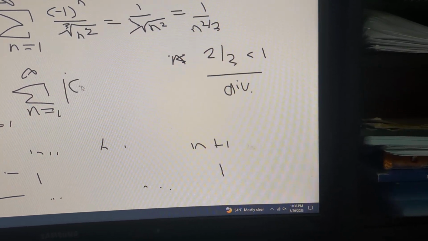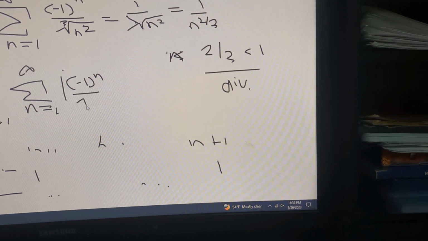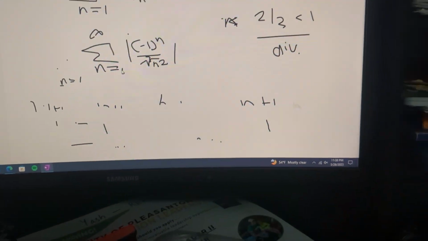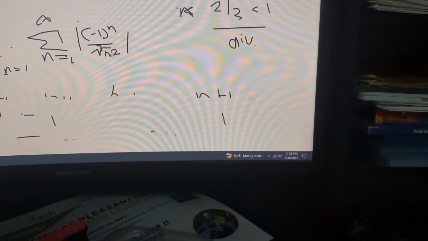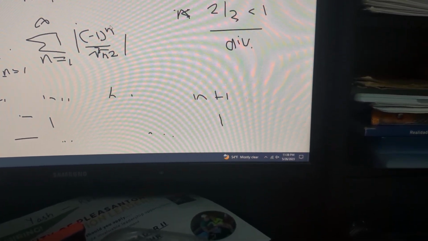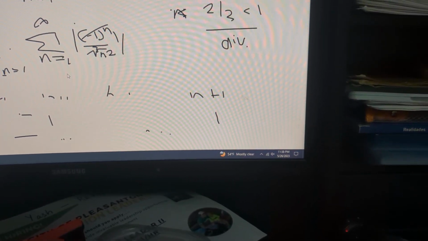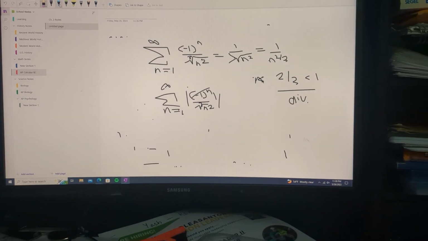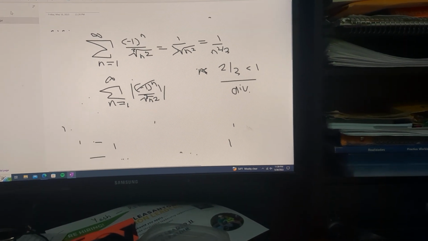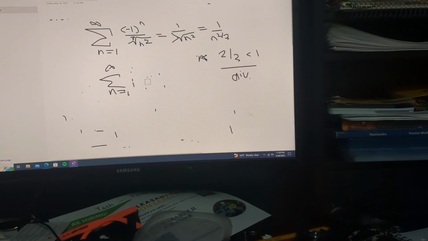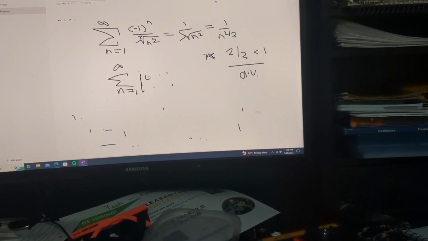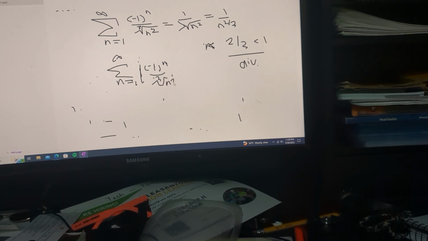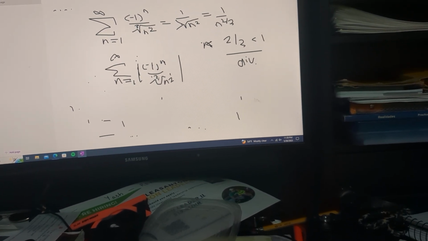Now, let's do the absolute value of this series. As we know, the absolute value of -1 to the n over the cube root of n squared becomes 1 over the cube root of n squared. We could put it in a series.